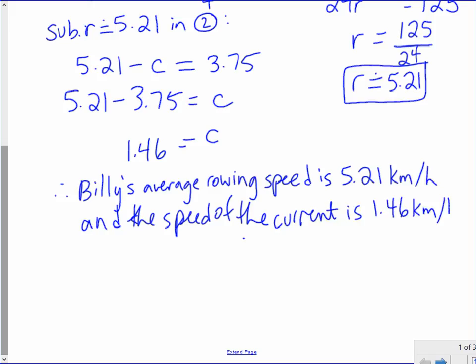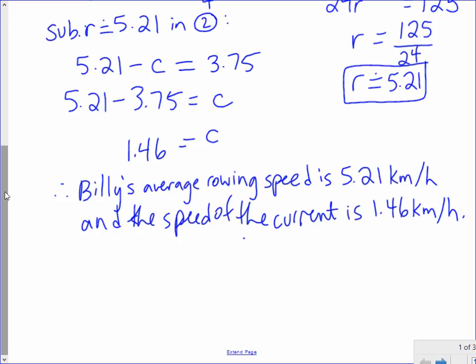Wouldn't it be approximately? It would be approximate. You rounded to 2 decimal places, so if you didn't write the word approximate, I wouldn't necessarily deduct a mark, but you did round, so these are approximate.